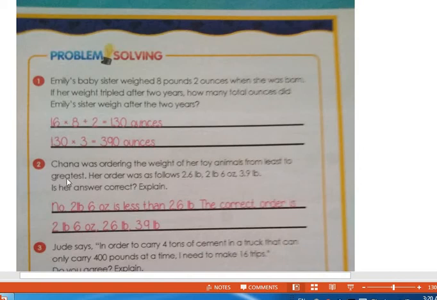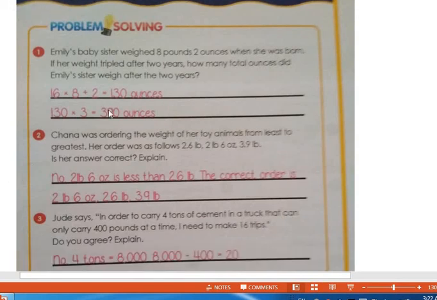China was ordering the weight of her toy animals from least to greatest. Her order was as follows: 2.6 pounds, 2 pounds 6 ounces, 3.9 pounds. Is her answer correct? Explain. So, what do you think?